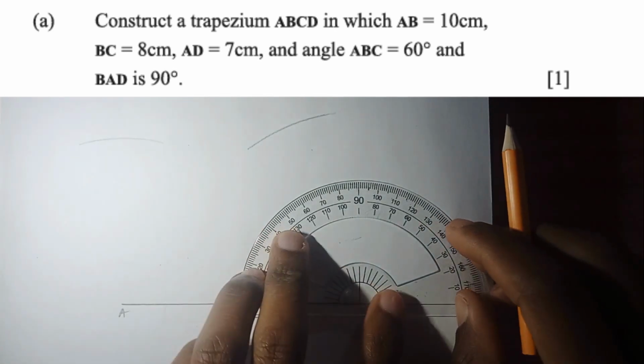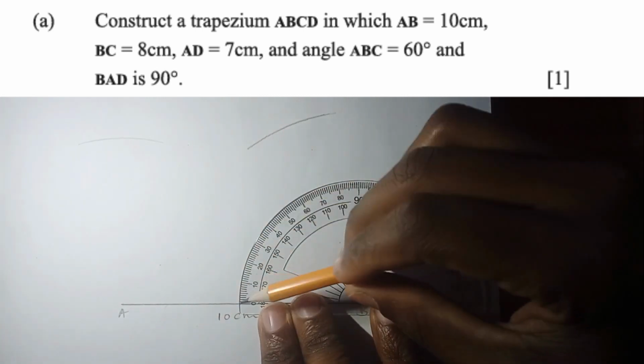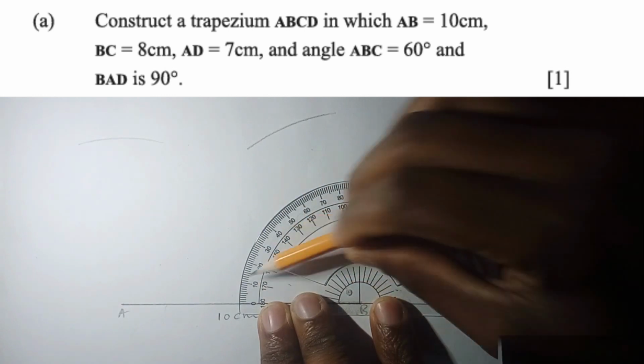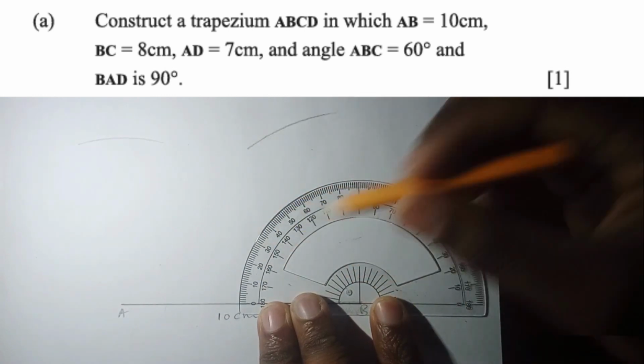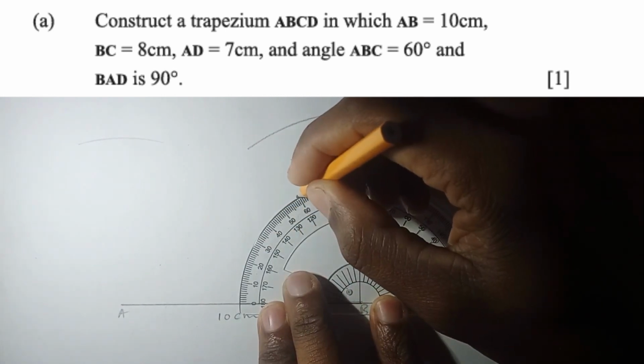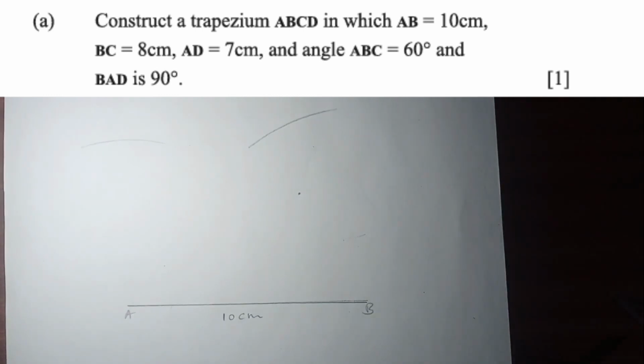Then you measure 60 degrees. It's very important to notice that the angles starting from 0 and increasing are on the outside part of the protractor. So we measure from the outside, and we mark with a dot like so.